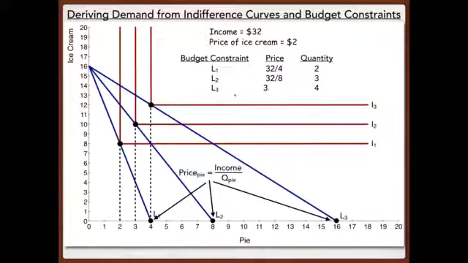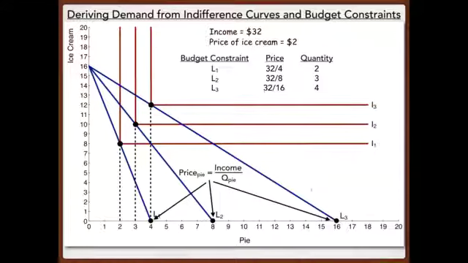So for L1, it is the income, 32, divided by 4, this point here. For L2, it's the income, 32, divided by the quantity of pie that can be purchased at that particular price level of pie. And we have this point L3.